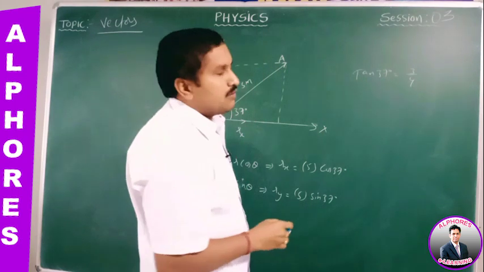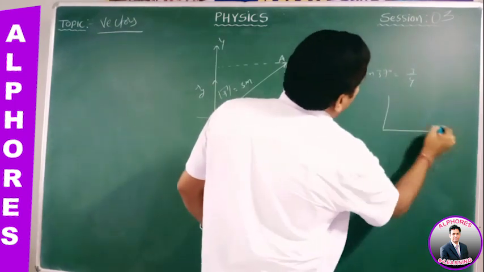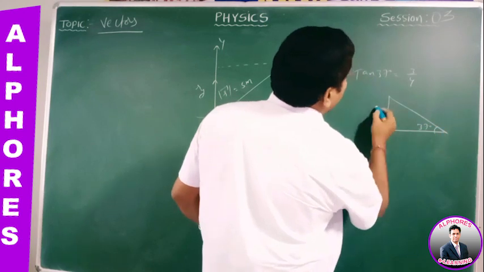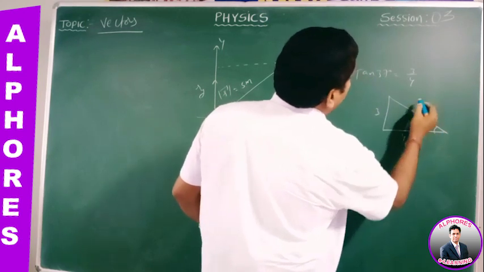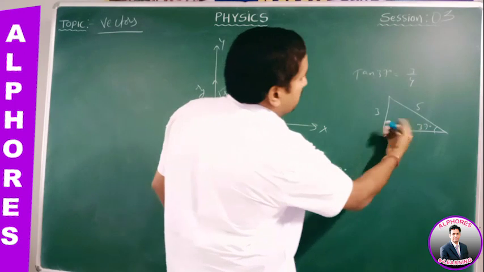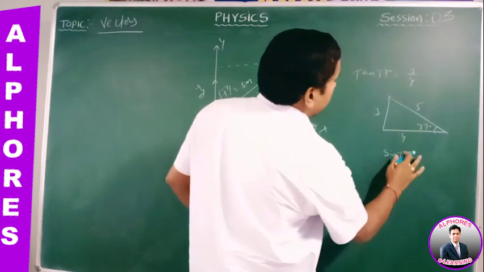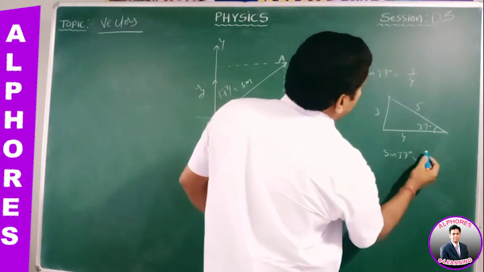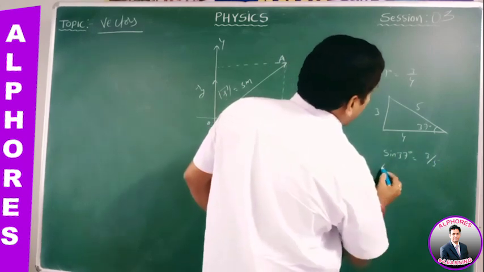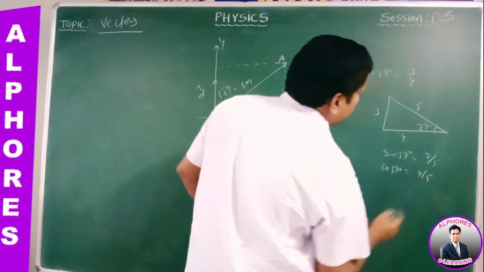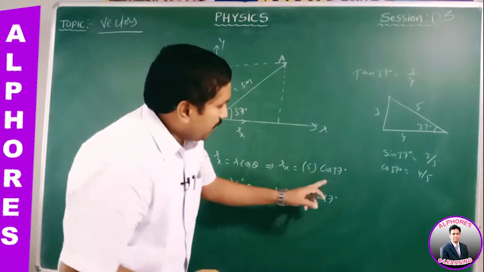From this right angle triangle with 37 degrees, this is 3, this is 4, and this is 5. From this diagram, sin 37 is 3 by 5, and cos 37 is 4 by 5. Now we substitute these in the expression.